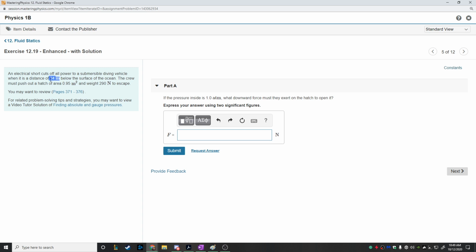And you get that by doing density of water times g times this distance. So it's about 3 extra atmospheres of pressure, roughly. It says the crew must push out a hatch of this area and this weight. If I remember correctly, I think this weight ends up being really negligible in the calculation, right?